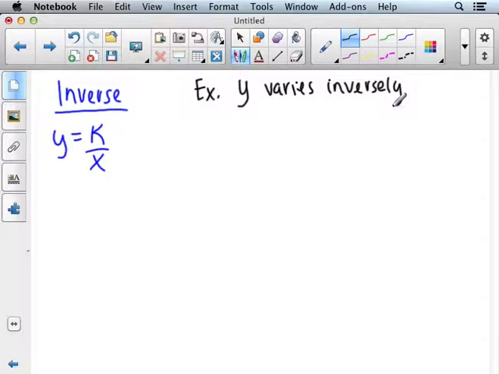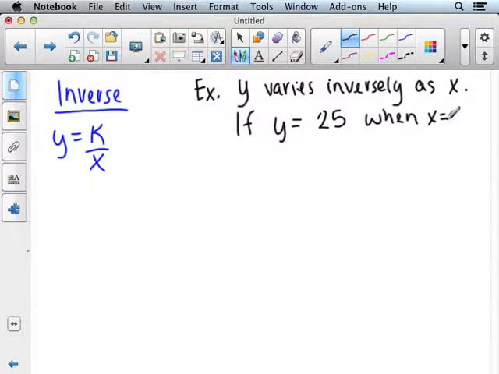Inversely. Okay. Y varies inversely as x. If y equals 25 when x equals 2, what is y when x equals, I don't know, let's say 5.